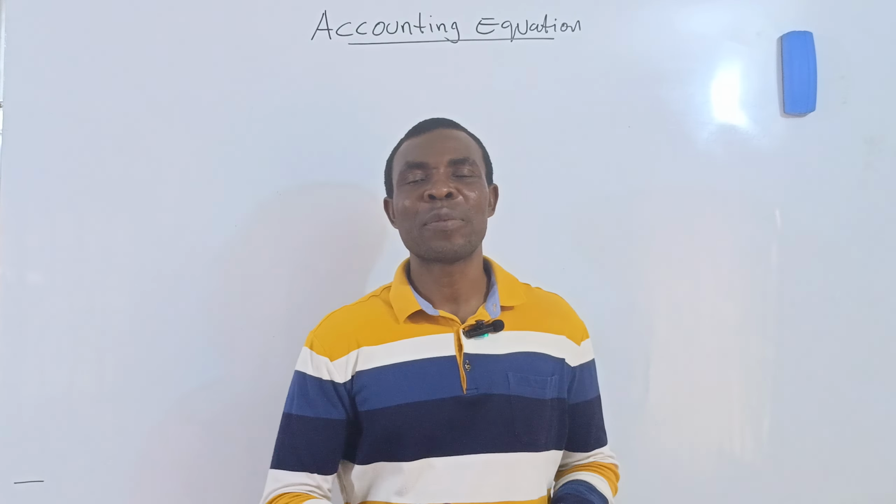Number four, revaluation reserve. Number five, general reserve. Number six, other components of equity. These are components of equity. Equity equals assets minus liability.